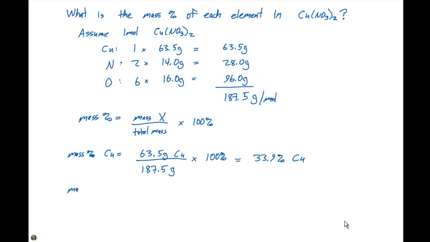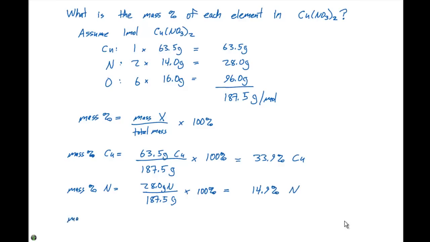Our mass percent of nitrogen is going to equal 28.0 grams of nitrogen divided by the total mass, which is again 187.5. We multiply by 100%, and that gives us 14.9% nitrogen.